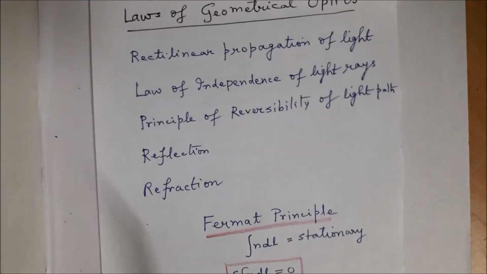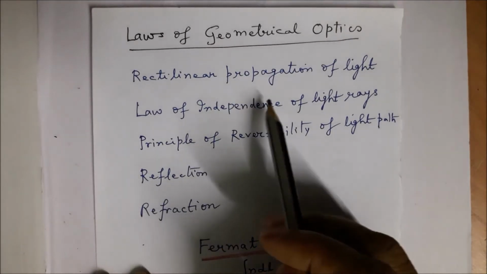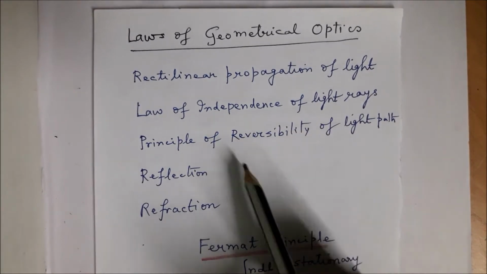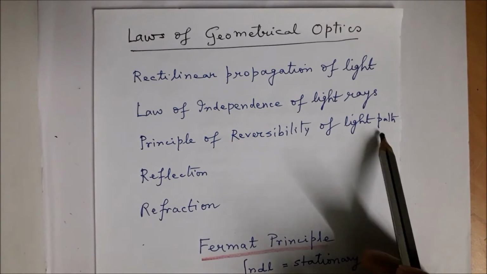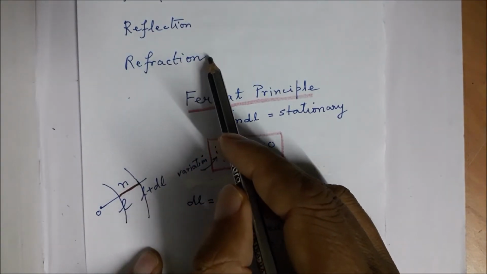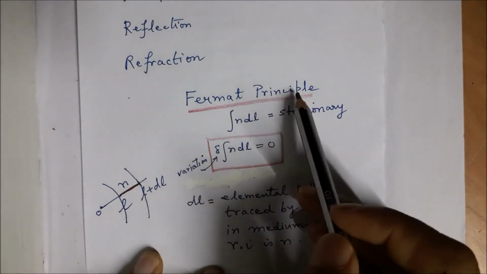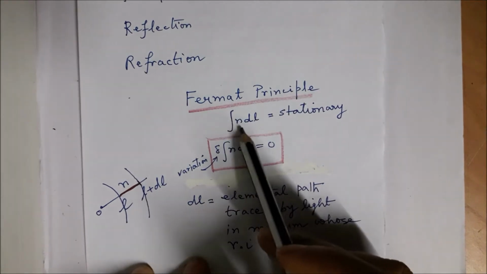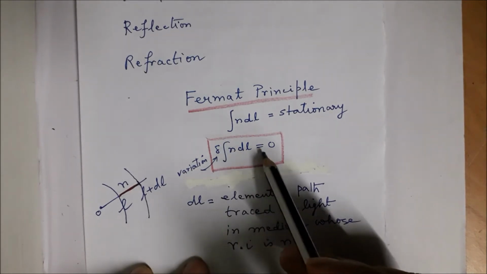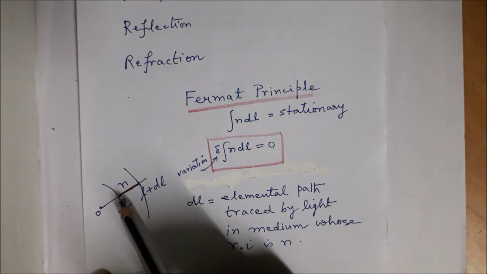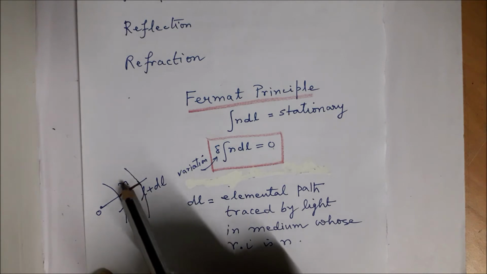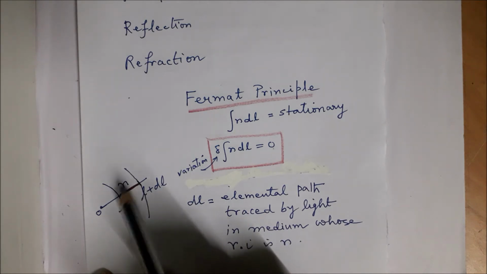Some of the laws are rectilinear propagation of light, law of independence of light rays, principle of reversibility of light path, laws of reflection, and laws of refraction, as well as the Fermat principle, according to which integration n dl is stationary, or equivalently the variation of integration n dl is 0, where dl represents an elemental length traversed by light in a medium having refractive index n.